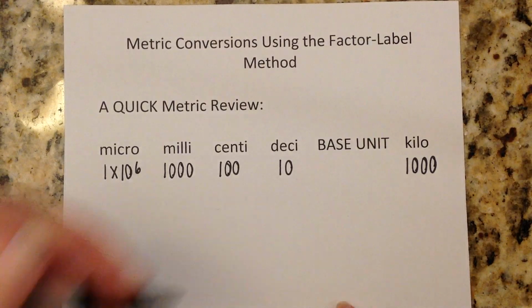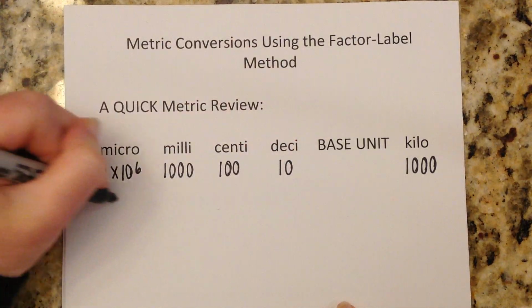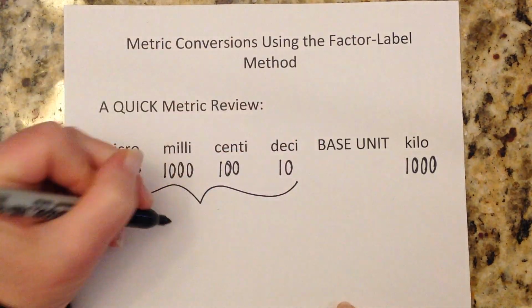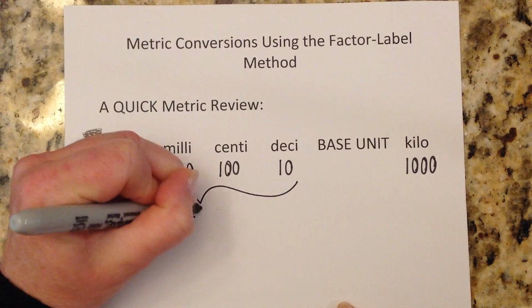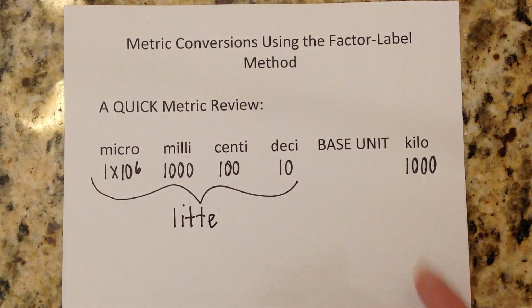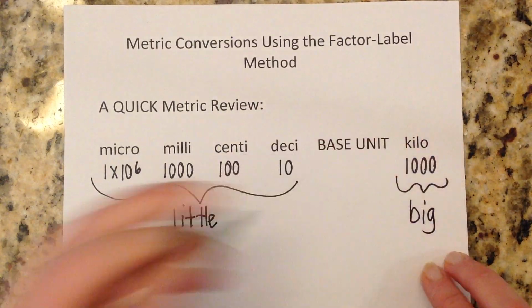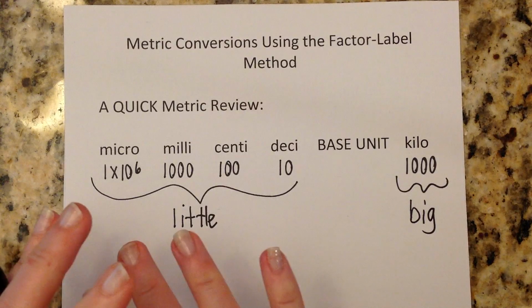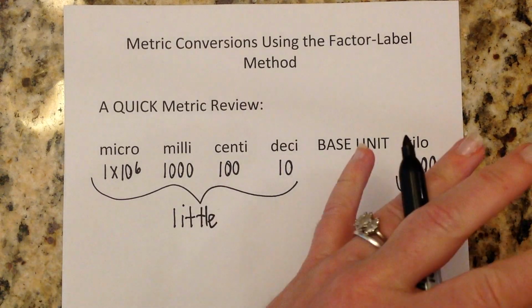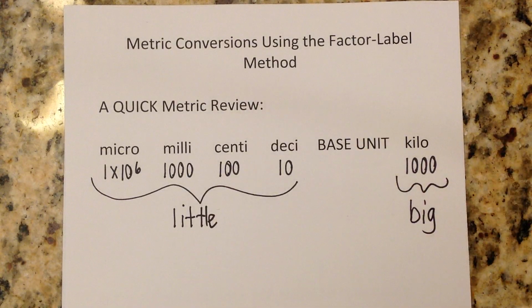What I want you to remember today is that these are all little. We're just keeping it real simple here. And this one is big. So we've got little units and we've got big units. And that's what we're going to think about it as.